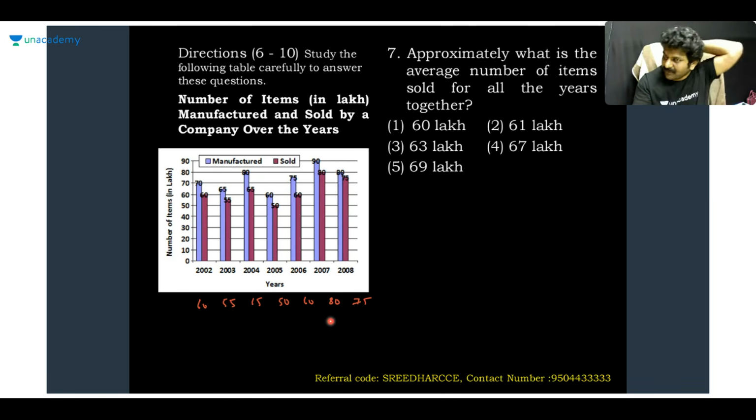Basically, you don't have to calculate values because numbers are clearly written there. In your exam, you are not supposed to write it. Okay. Now, you can add all the values and then go for average. That is one way. Let me tell you that case.